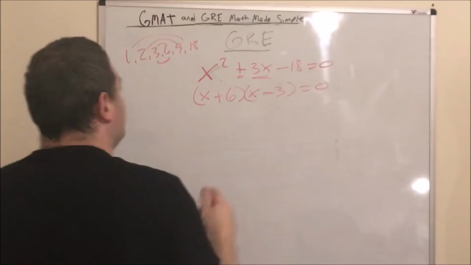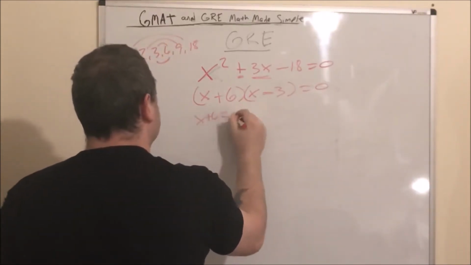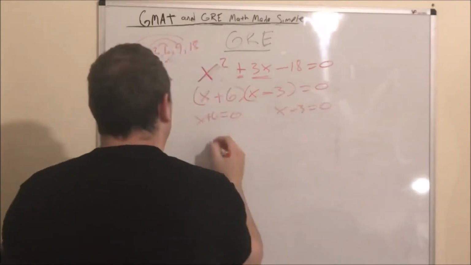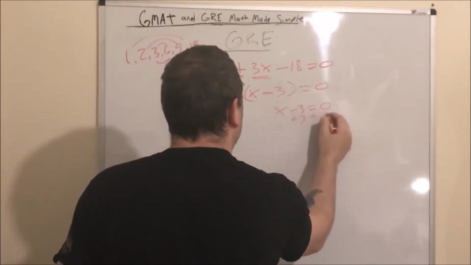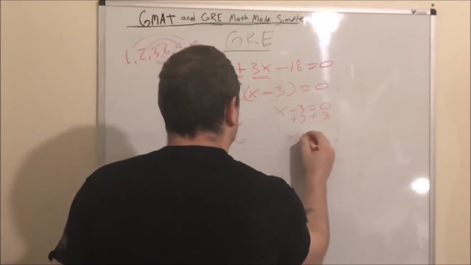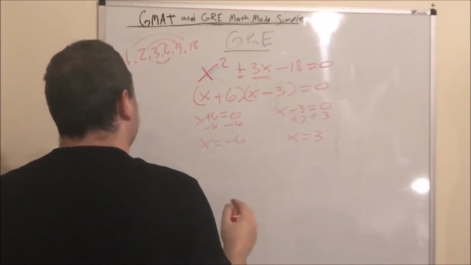Now that we have our answer here, we can set each one of them equal to 0. We subtract 6, and add 3, so x equals negative 6, and x equals 3. If you want to check them, we can do that.